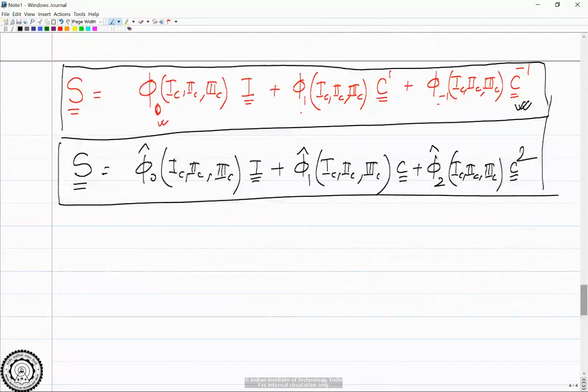Now, what is interesting to see here is that the eigenvector of C and the eigenvector of S will be the same for isotropic materials. From this expression, you can tell that the eigenvectors of C and S are the same.